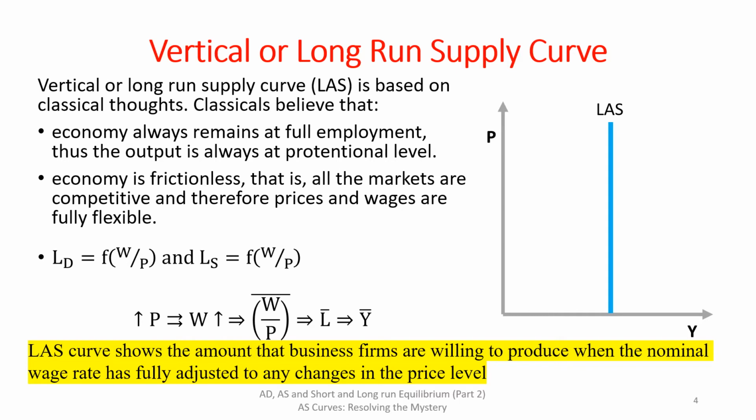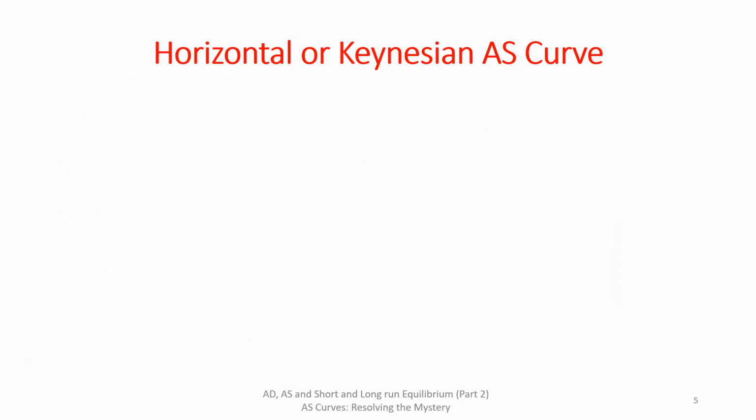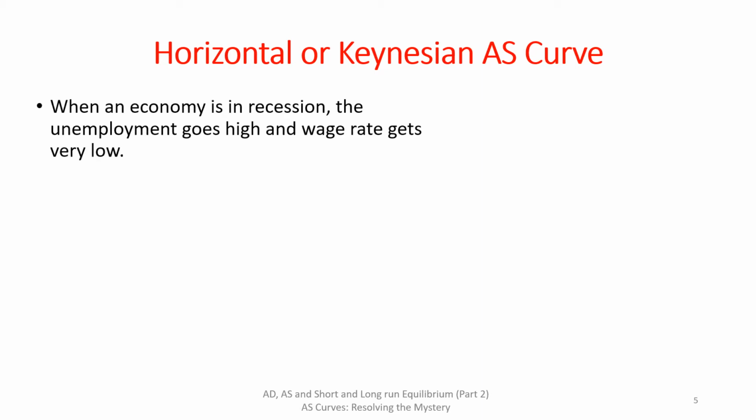Next is horizontal or purely Keynesian aggregate supply curve. Students, when an economy is in recession, the unemployment is very high and the wage rate gets very low.